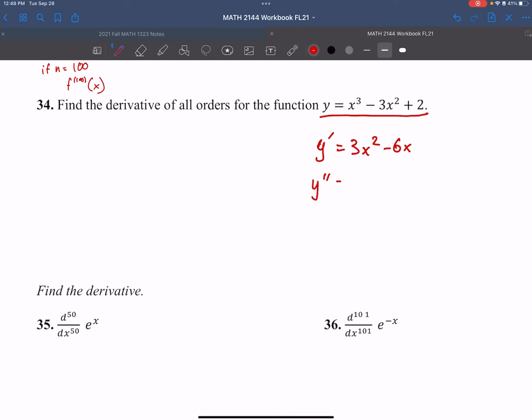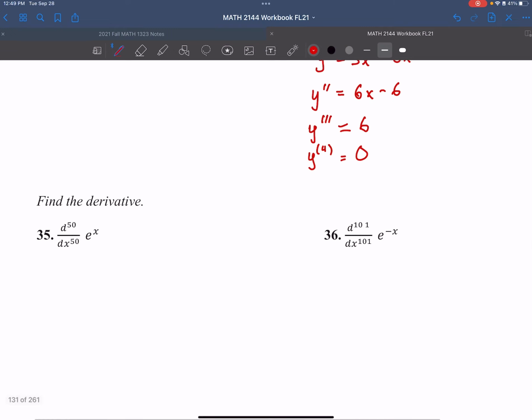Y double prime would be what? 6x minus 6. Y triple prime would just be 6. Y super 4, or the fourth derivative, would be 0. And from here on out, we would just get 0 every time. Agreed? At that point, there would be no more new information gained about the function, so you would just stop at the fourth derivative.